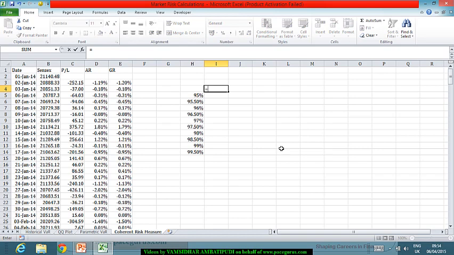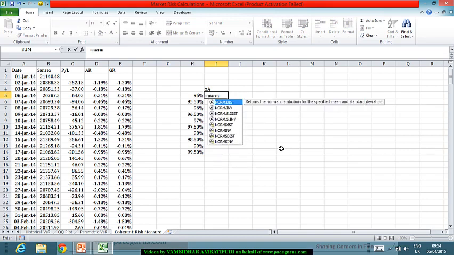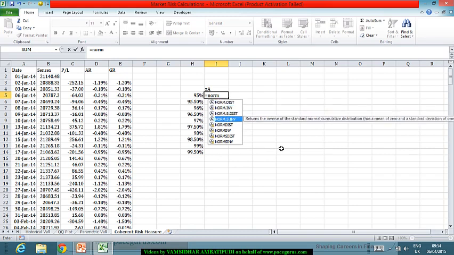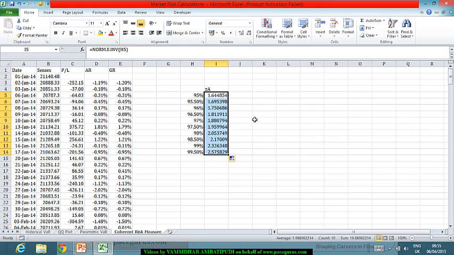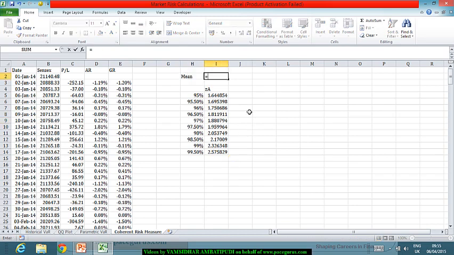For that, what do I require? I first require the Z alpha in each of these cases, which typically comes out as the NORM.S.INV associated with this particular probability level. This is the Z alpha, and I also require the mean and the standard deviation.